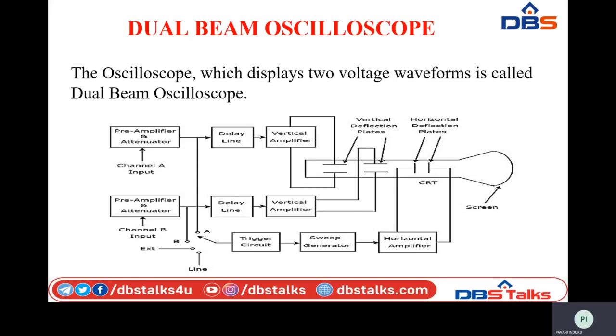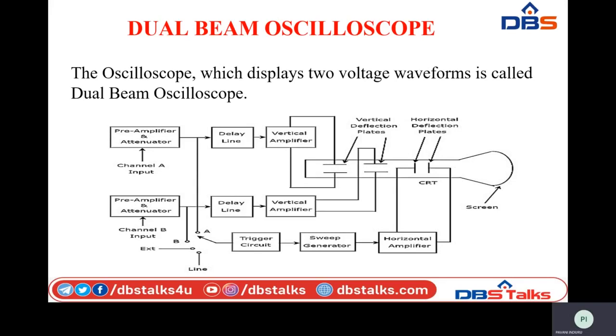Any of these can initiate the trigger circuit operation. It gives a step signal, from which the sawtooth waveform is generated, and it is amplified with the help of the horizontal amplifier.